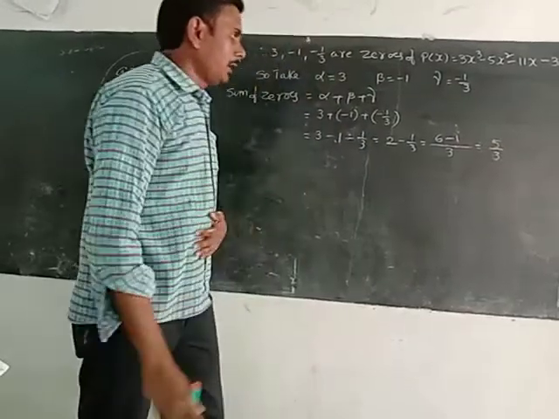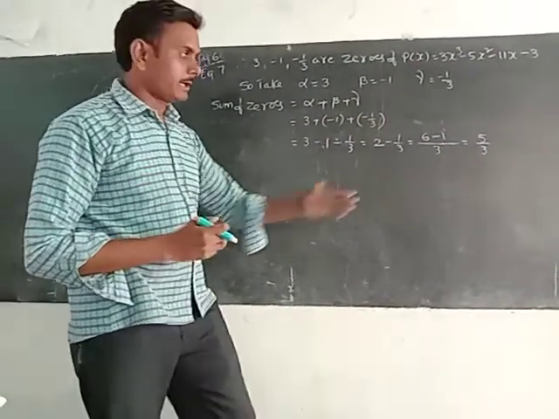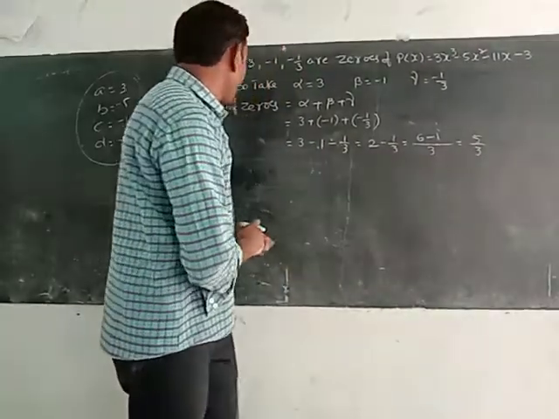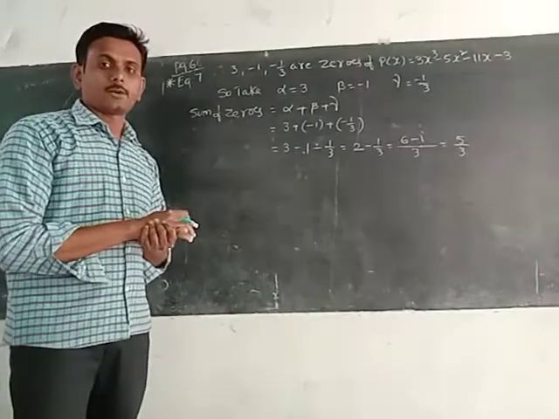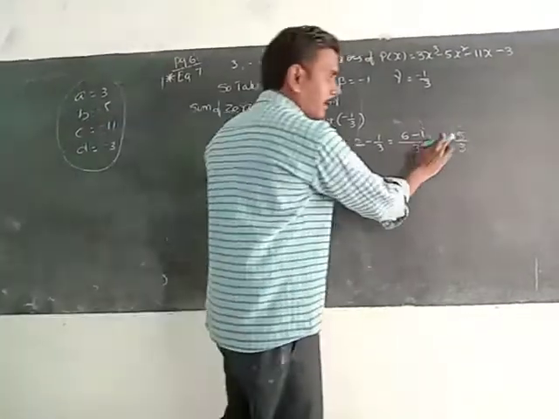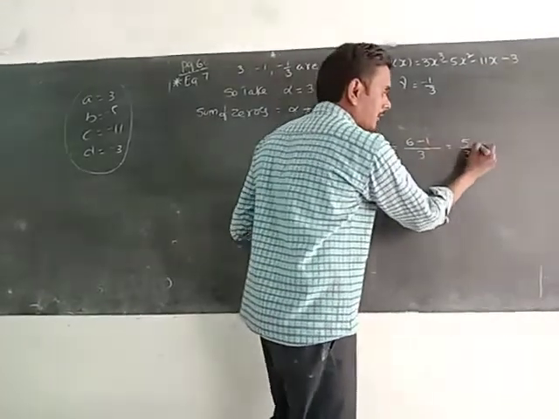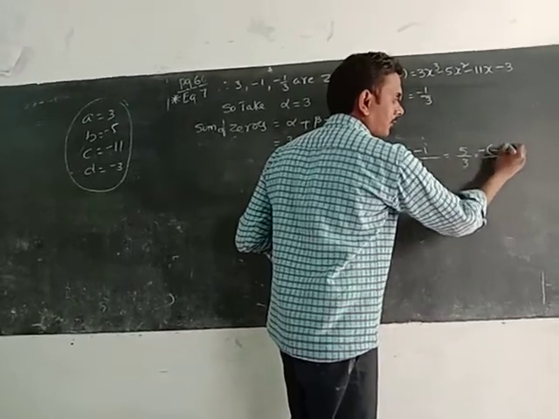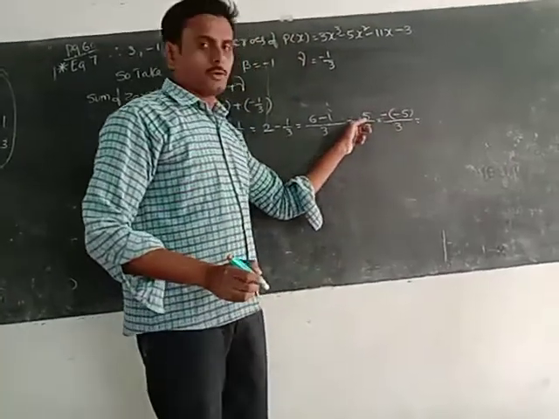Already we learned the sum of zeros equal to, what is the formula? Minus b by a. But here we got a plus, both numbers are plus. If you observe, the coefficient of x square is minus 5. To get minus 5 here, we write minus of minus, which means plus only.